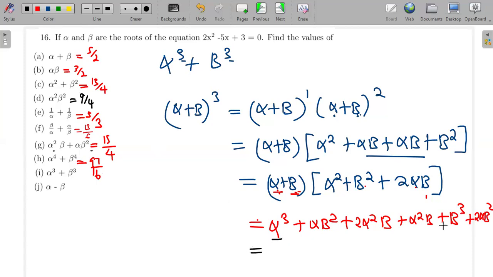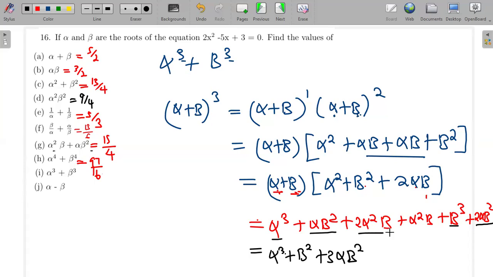Then we just get the common terms together. The ones with the power 3, we put them together, so that would be alpha to the power 3 plus beta to the power 3. Then here I have alpha beta squared, and there I have 2 alpha beta squared, so I'll add them to get plus 3 alpha beta squared.